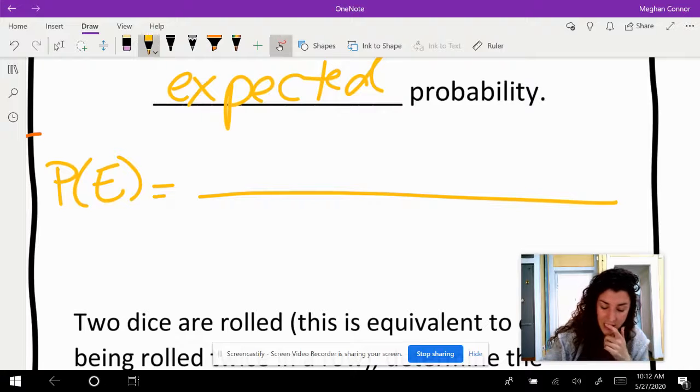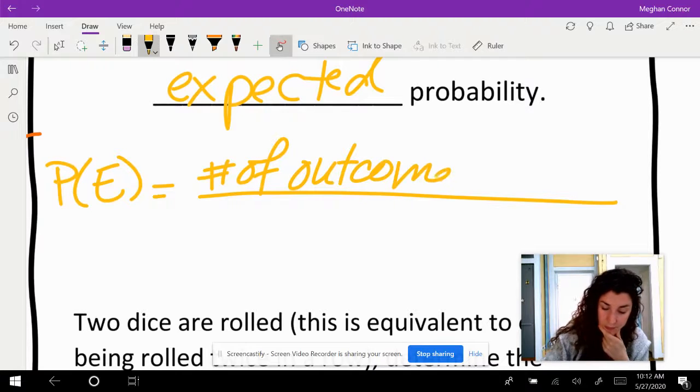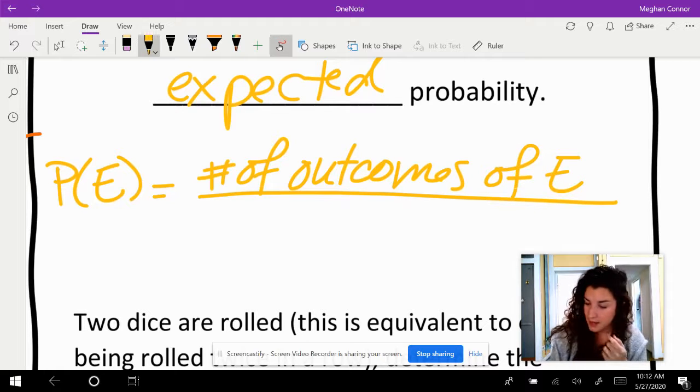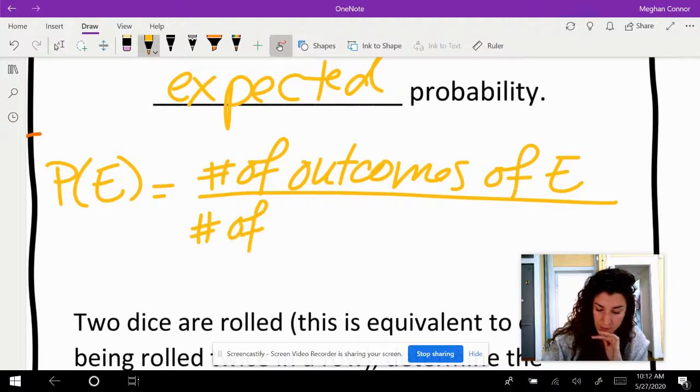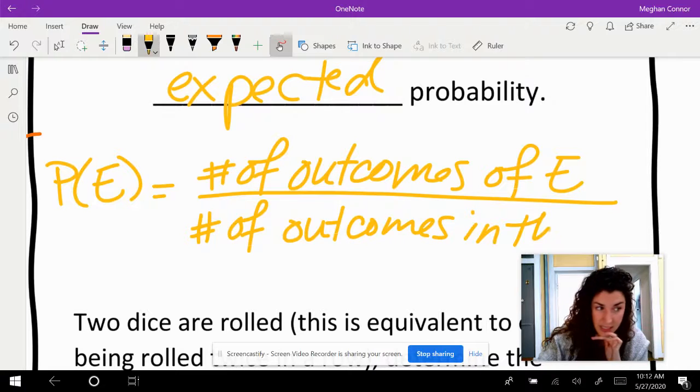So on the top, we have the number of outcomes of E divided by the number of outcomes in the sample space.